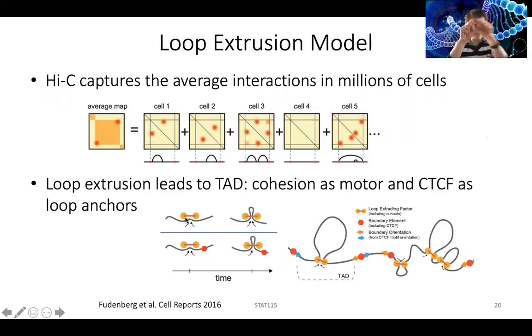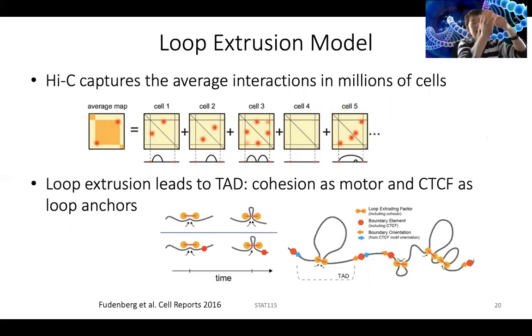And basically, once they bind to the genome, they start to move, and the motors go in one direction. So you can see, if they bind in this way, they will keep going, and then occasionally they will get stuck. Whenever they get stuck, it's because there's potentially a CTCF binding site.